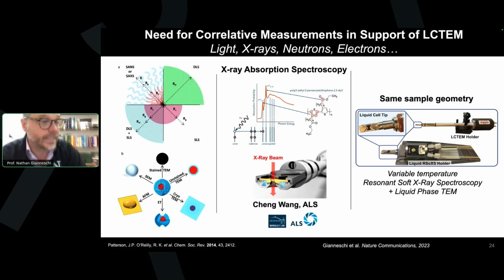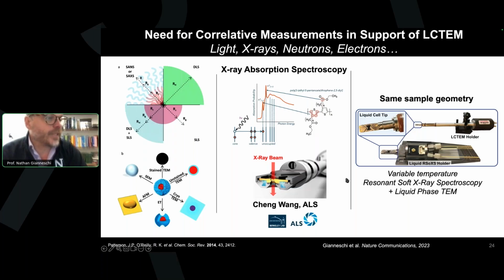We've done some other things like this kind of correlative imaging, combining, of course, multiple methods. One would like to, for example, do things like light scattering, X-ray scattering in a sample, maybe in capillaries, neutron scattering under similar conditions, and certainly electron scattering type experiments of the type that I've just mentioned.